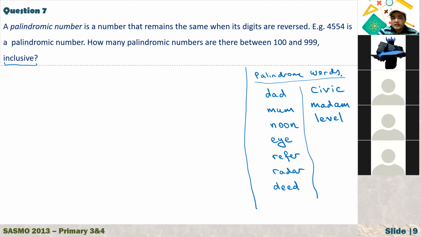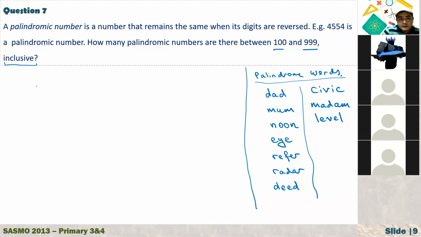The question is, how many palindromic numbers are there between 100 and 999? Can I say 18? Are you sure? I'm 100% sure. Then you are wrong.